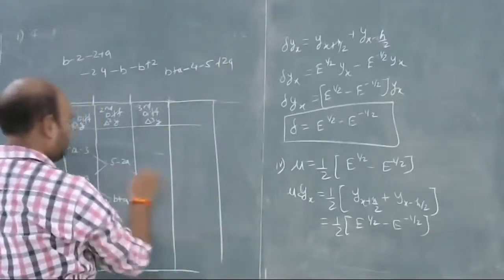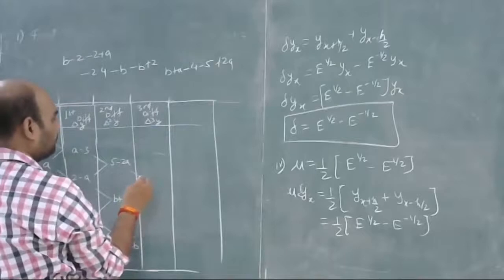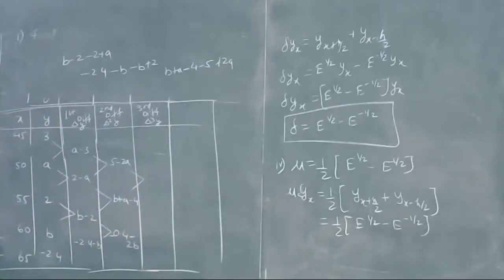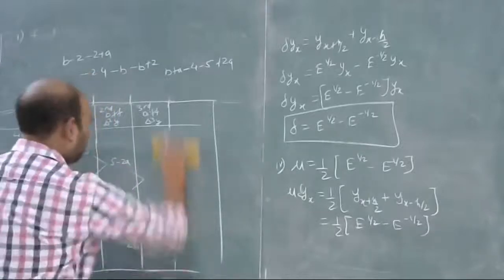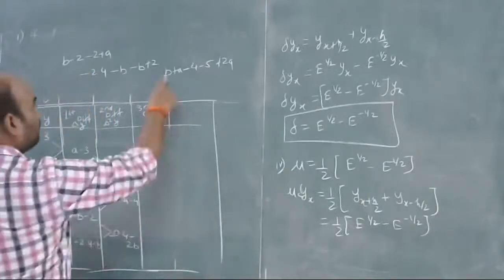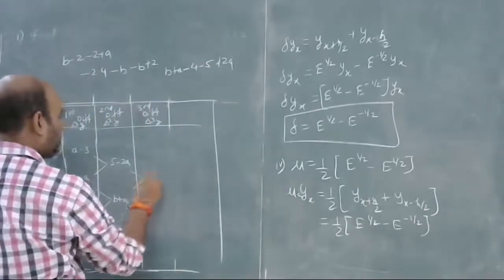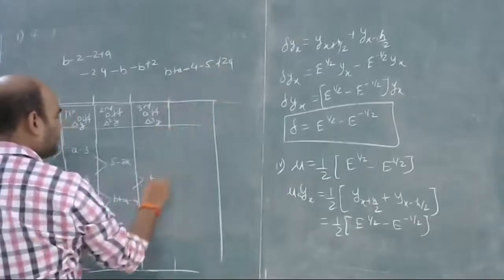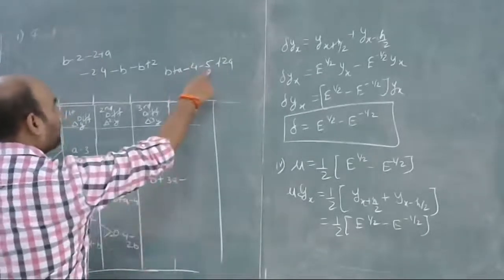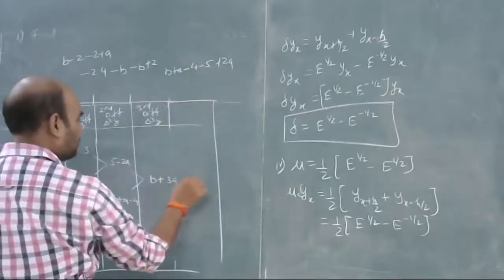Okay, so this will give b plus a plus 2a, it is 3a. 4 minus 4 minus 5 is minus 9.